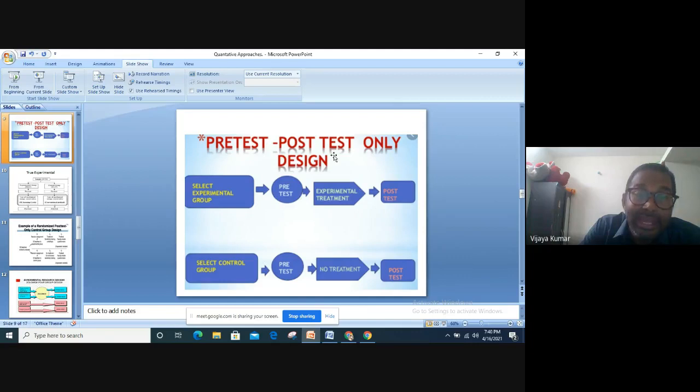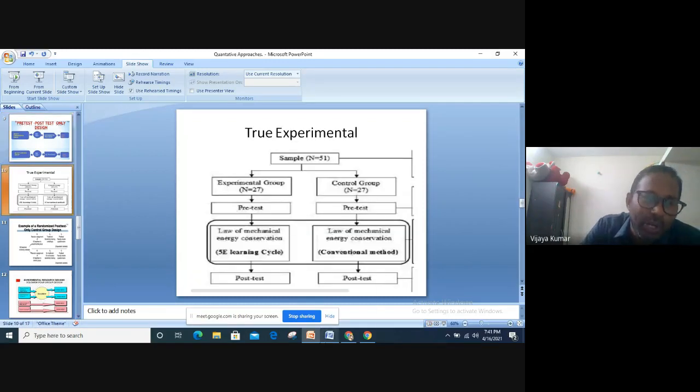So in the experimental group, if she has got a statistical improvement in scores compared to the control group, then her new method has worked. If not, her new method has not worked. So this is called a pure experimental design. We call it the pre-test and post-test only design.